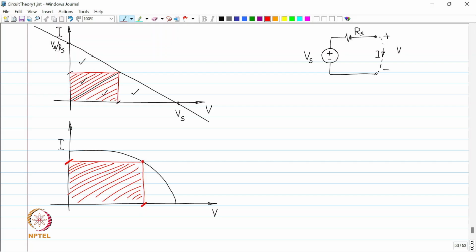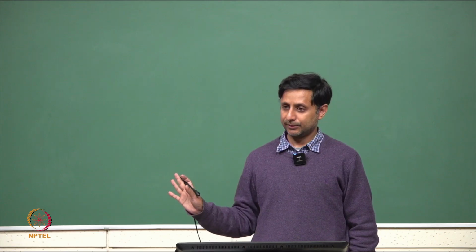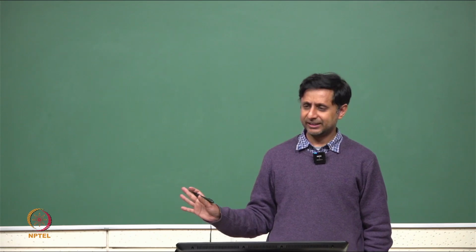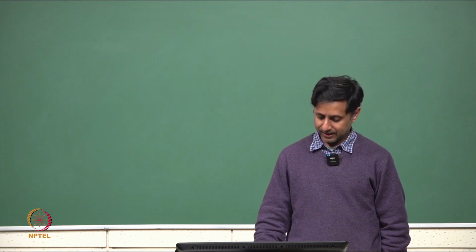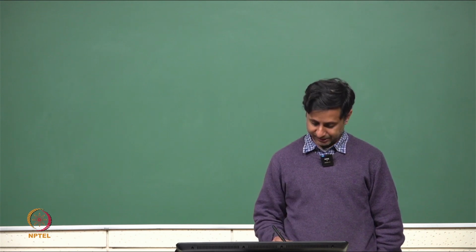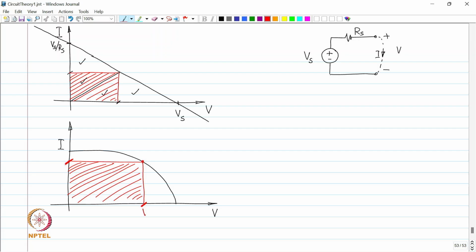Fine. Any questions so far? So, I basically have to graphically draw the largest possible rectangle underneath the curve. Once you have drawn it, you have got a voltage VL and you have got an IL. And now, this is your solar cell.